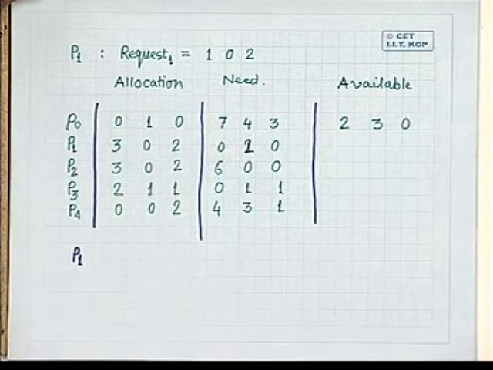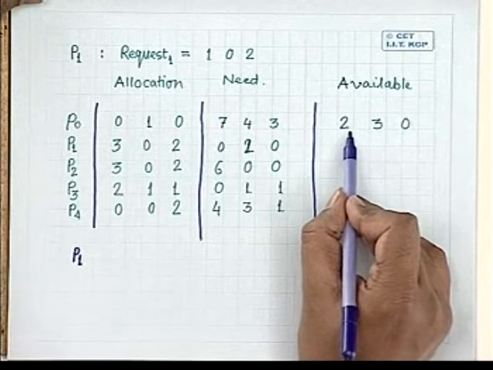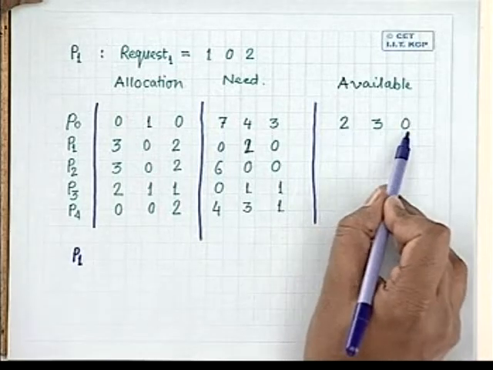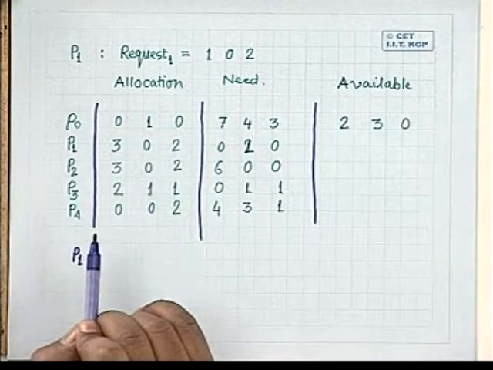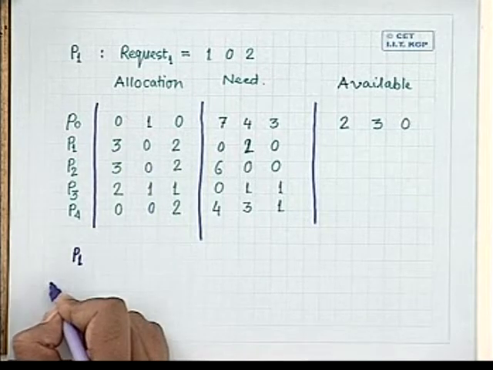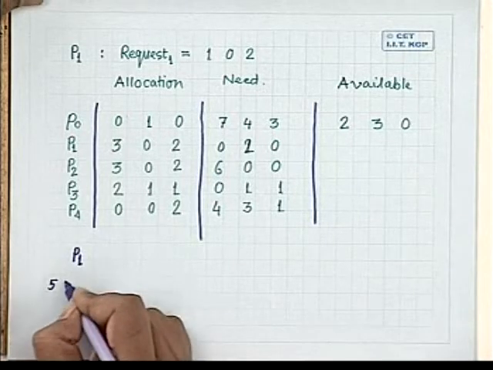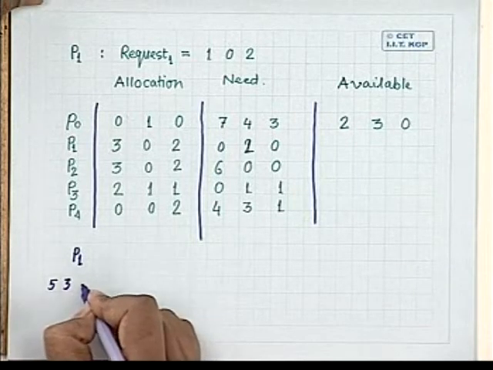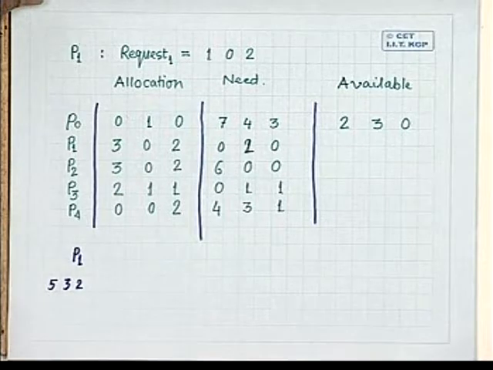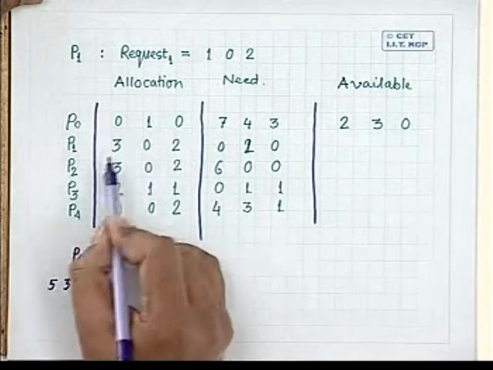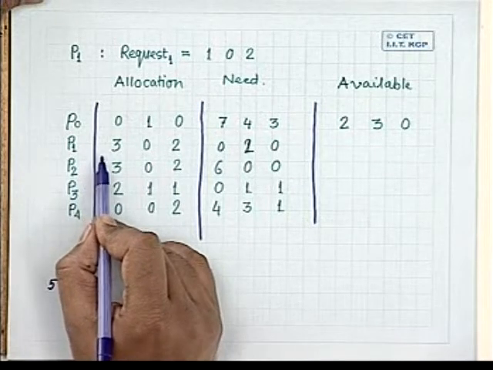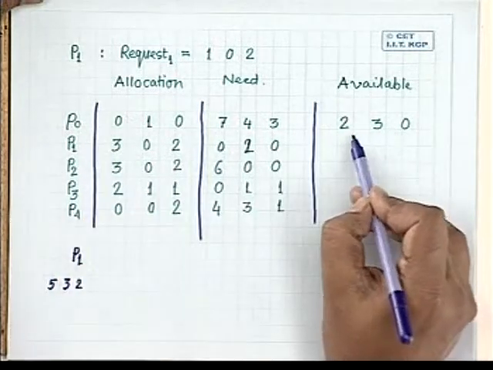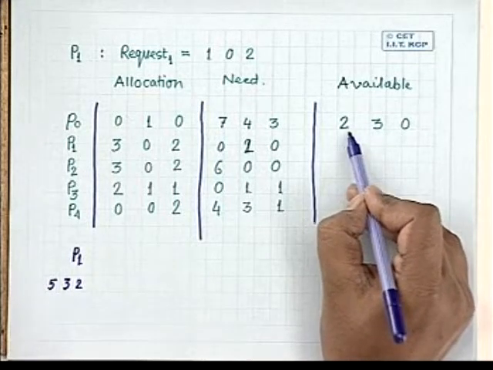After completion, what will be available resources? We have available as 230 and allocated to process P1 is 302. Okay. So available resources will be 5, 3, 2. This is the available number of resources after completion of process P1. Is that okay? Because when I come to process P1, our available number of resources was 230.